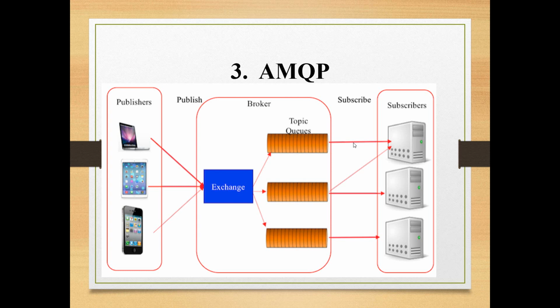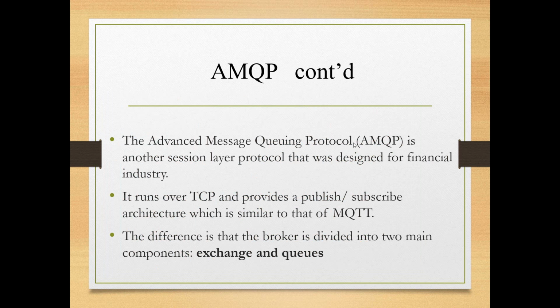Here the exchange receives the information from the publishers and distributes the information into different topics where the subscribers are going to subscribe to get the message. So the advanced message queuing protocol is a version of MQTT protocol that was designed for the financial industry.